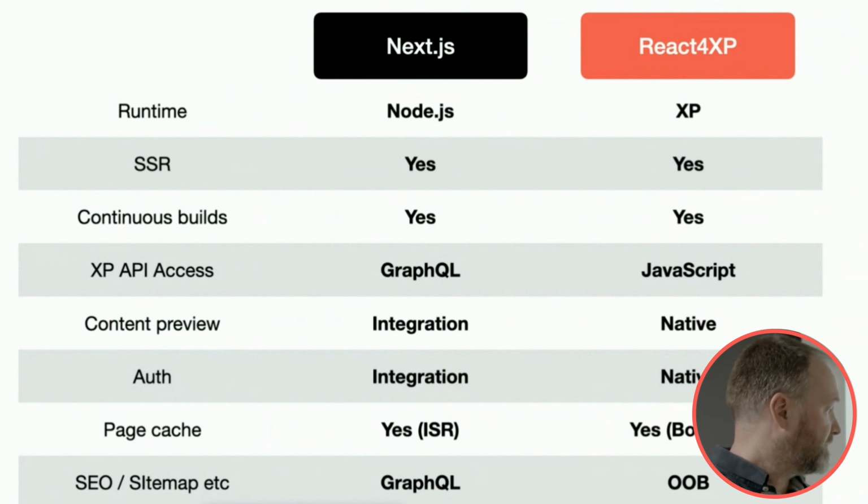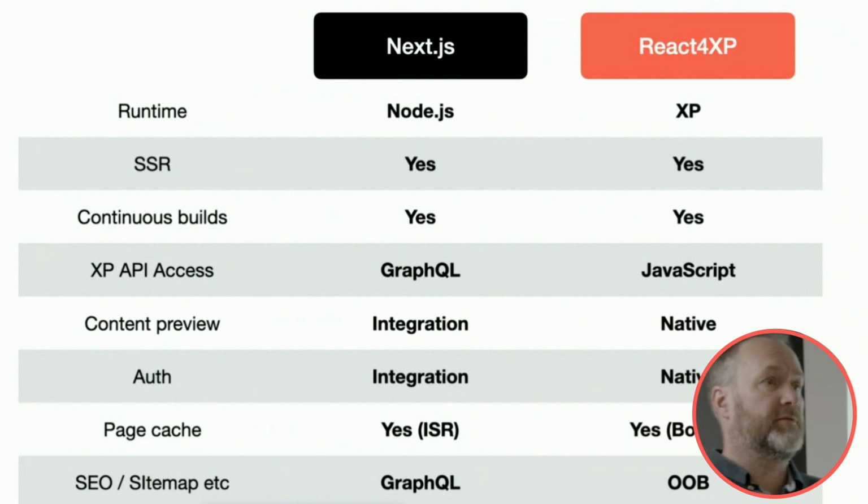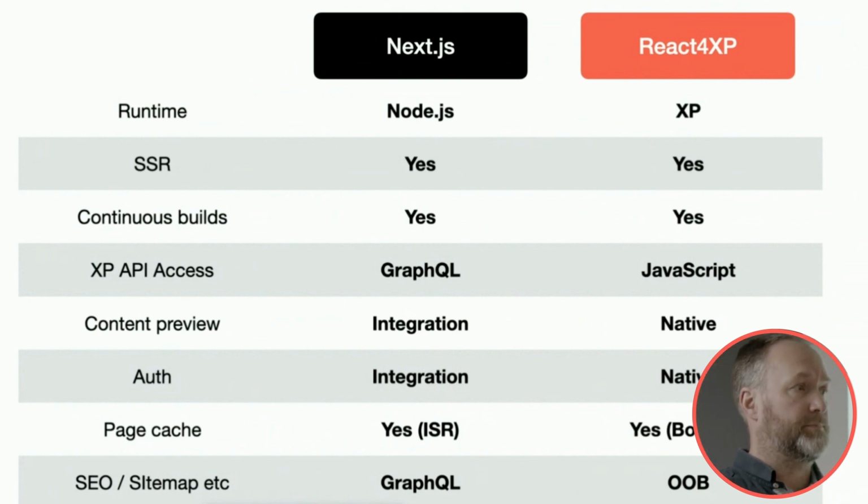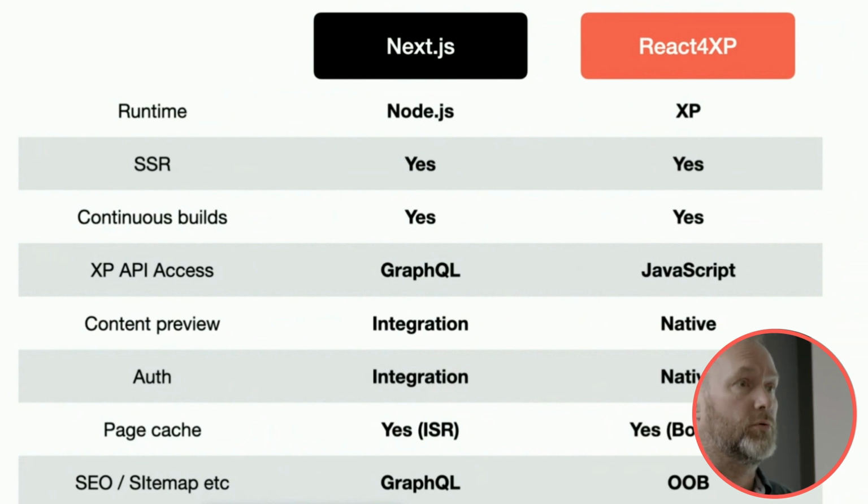And then finally, an interesting thing is like Vigdis just showed you, that there are apps on the Enonic market that can extend your site. For instance, the SEO meta fields app, sitemap, and the security header share. And those work automatically with React4XP, where if you use Next, you'll have to do some more coding and set it up yourself there.